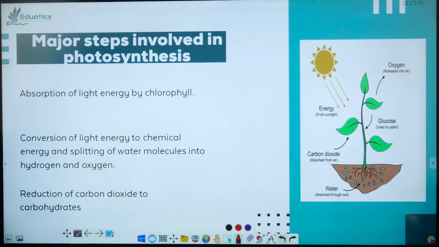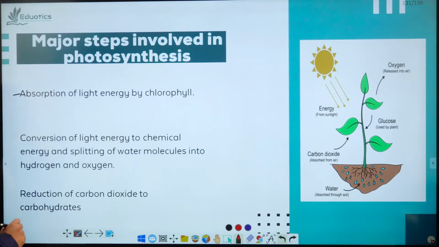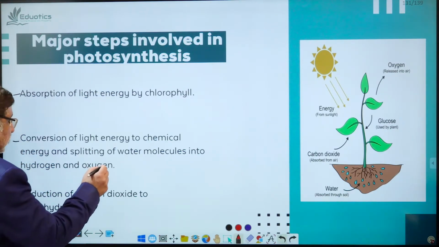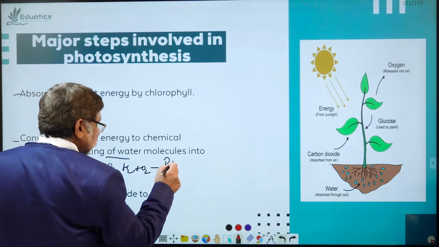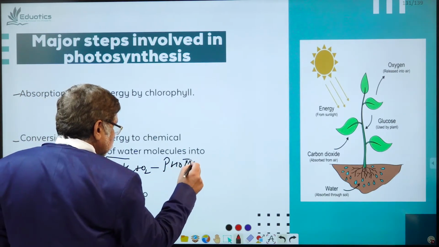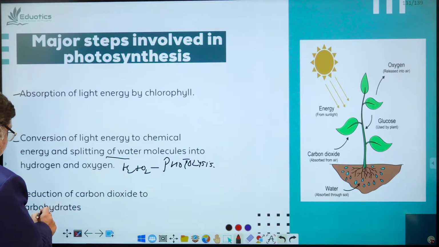The steps include absorption of light by chlorophyll, conversion of light energy to chemical energy, and splitting of water into hydrogen and oxygen. This is known as photolysis. Reduction of carbon dioxide to carbohydrates.